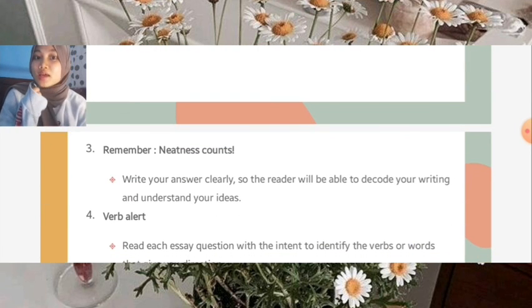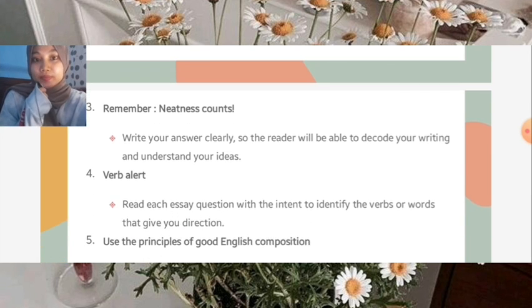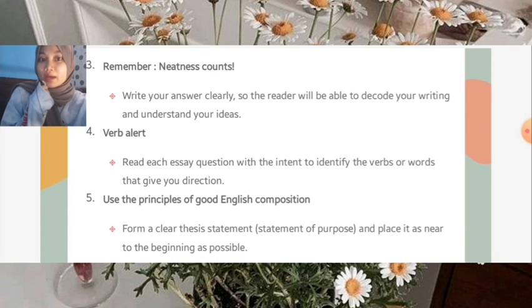The third, remember, neatness counts. Write your answer clearly so the reader will be able to decode your writing and understand your ideas. The fourth, verb alert.